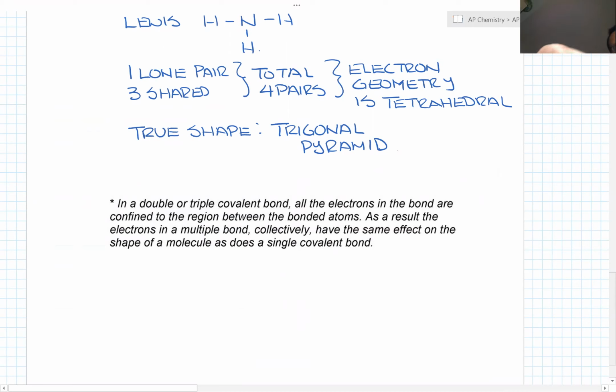Now, what do I mean by this? Let's say, for example, we have CO2.